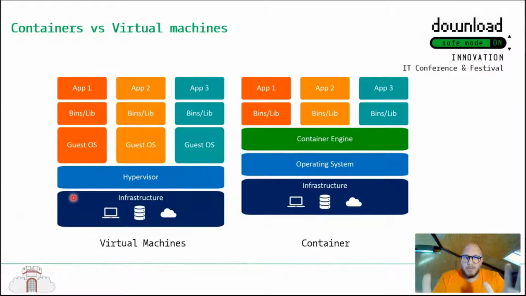Let's see a little bit of the difference between containers and virtual machines. As you can see here, we have the physical infrastructure, the physical device that you're going to use. This device could be a laptop, a server, a virtual server in the cloud, could be anywhere. Inside this device, we have an operating system.